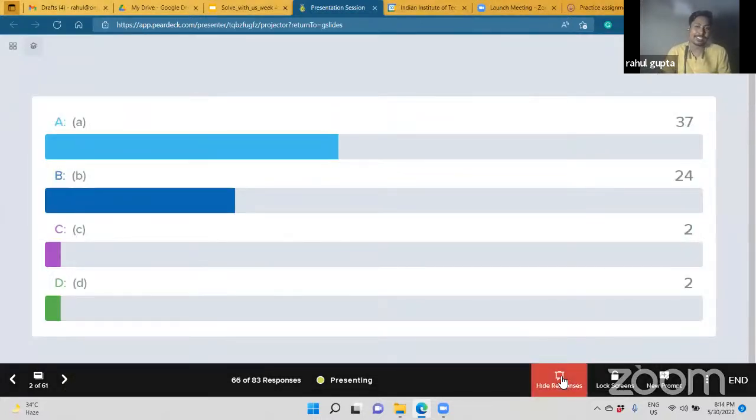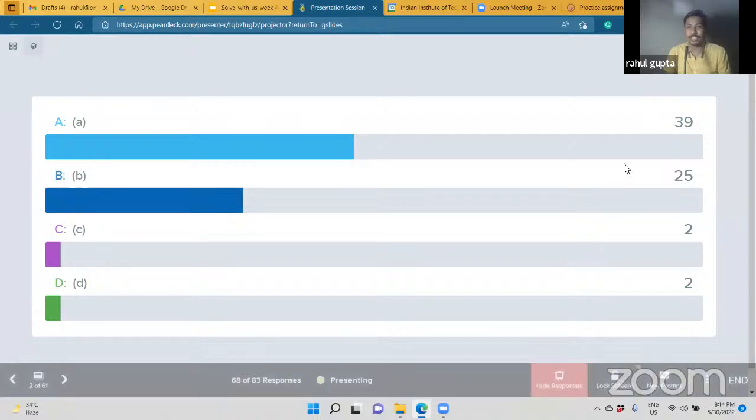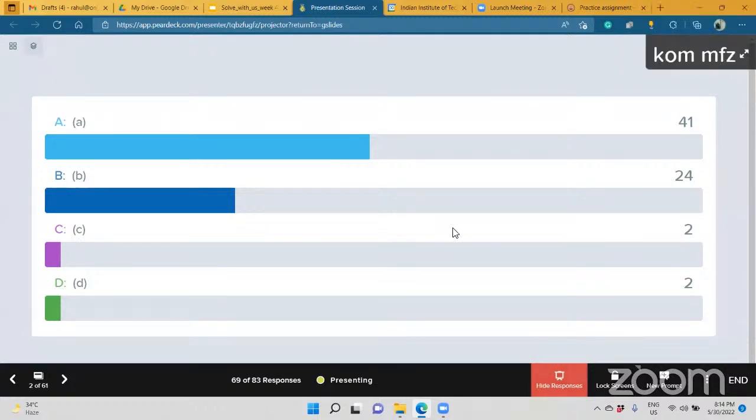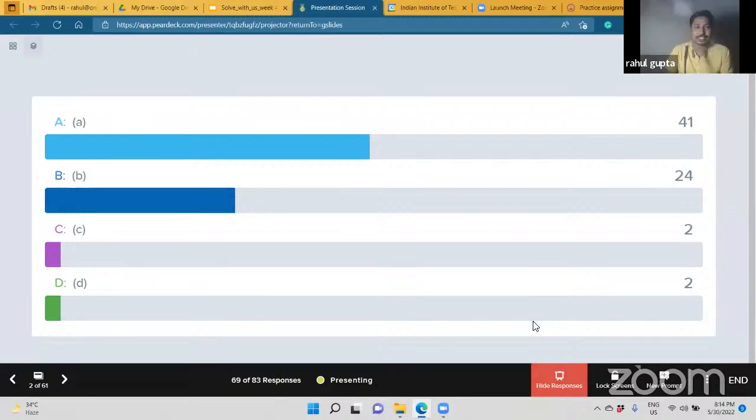Oh my God, I did not expect that. Why is the B option getting reduced? Okay, so someone has chosen B and C. I would like to talk to them. C and D, whoever has chosen, can raise your hand, please.